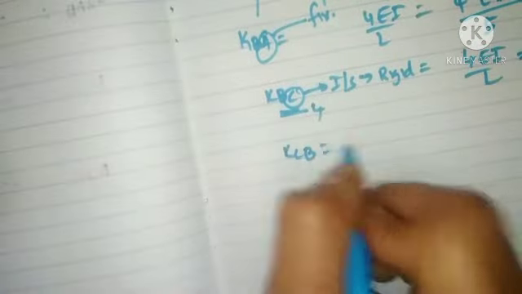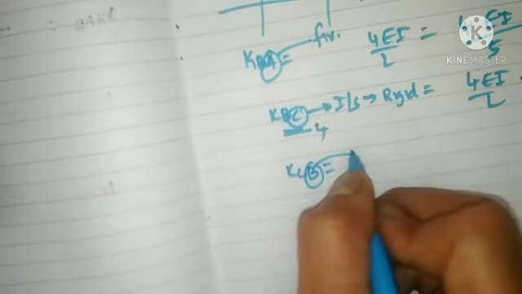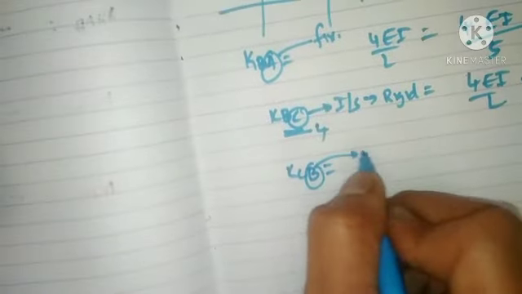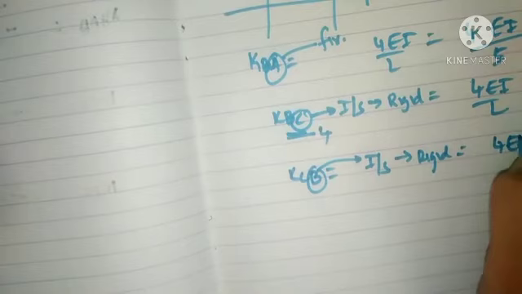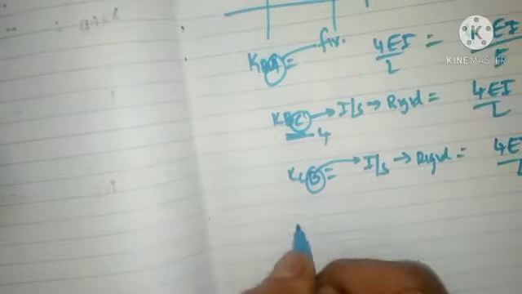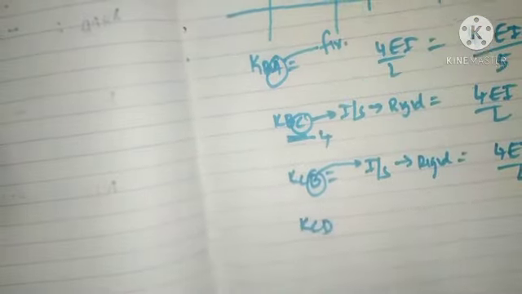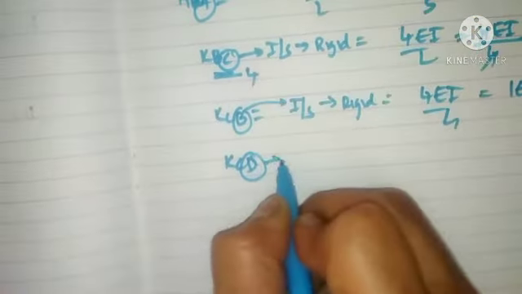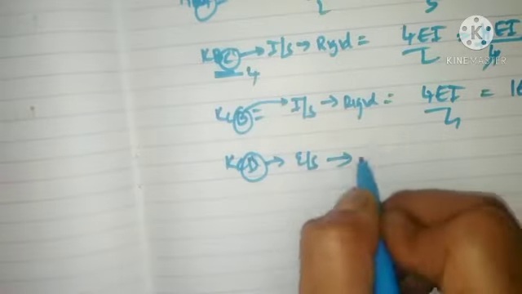Now moving ahead to KCB. For KCB, B is an intermediate support, and all intermediate supports are assumed to be rigid. So 4EI divided by 4 comes to 1 EI. Write the value here as 1 EI. Now KCD. D is the end support, and what type of end support is it?